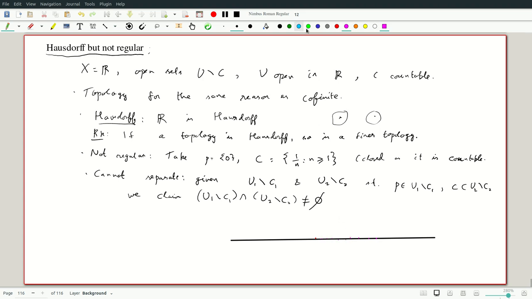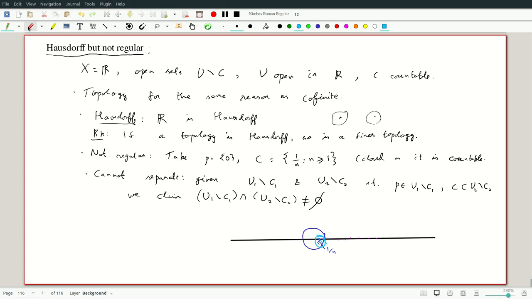Okay, let's just draw a picture. So U1 contains a ball, and that contains some point of the form 1 over n for n large enough. Now if I have a neighborhood which includes 1 over n, then U2 should include a neighborhood of 1 over n, this region.